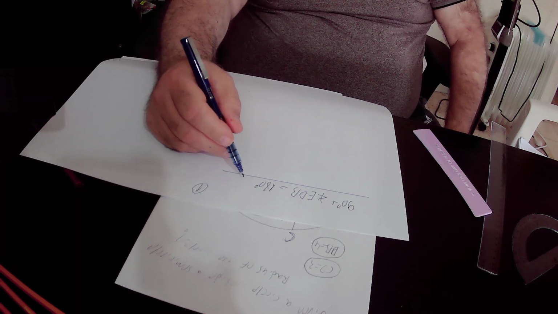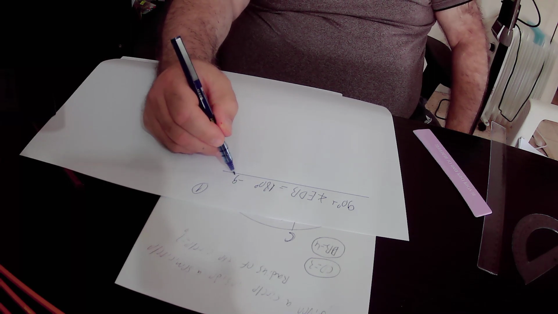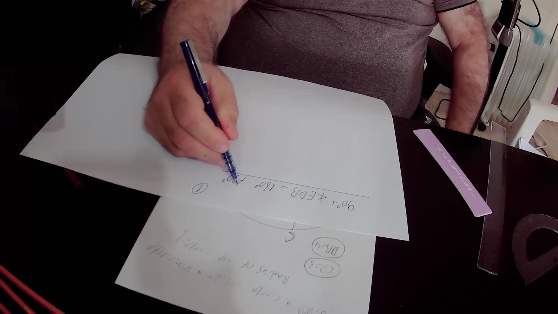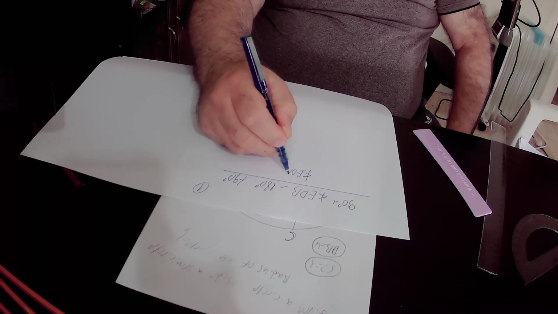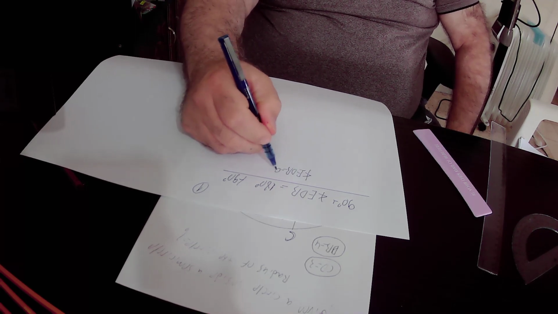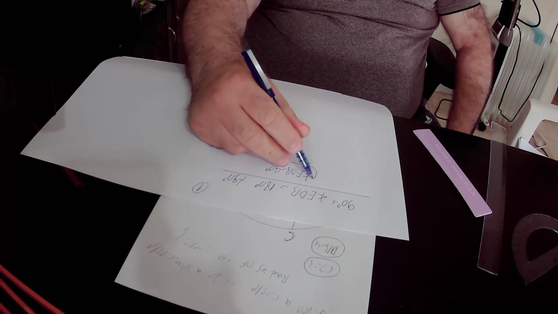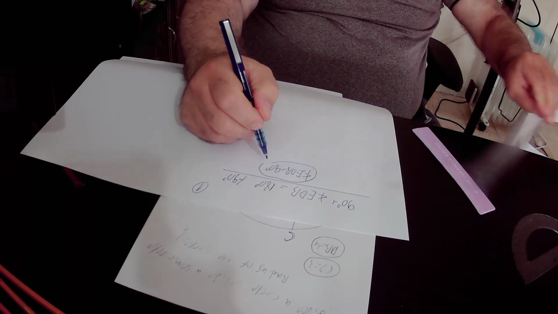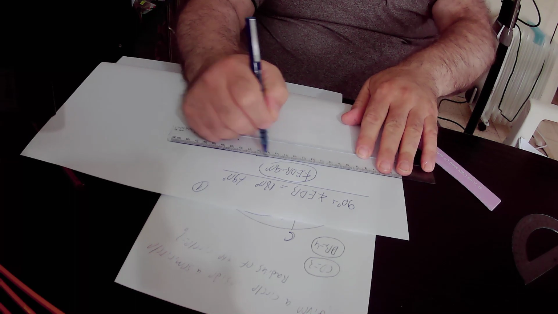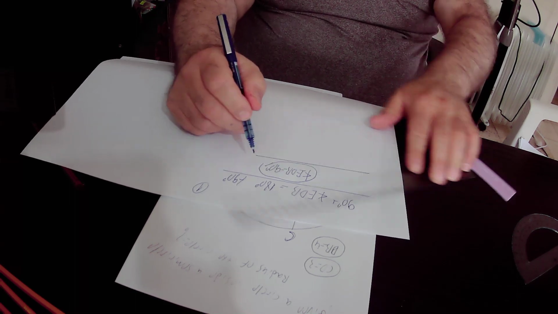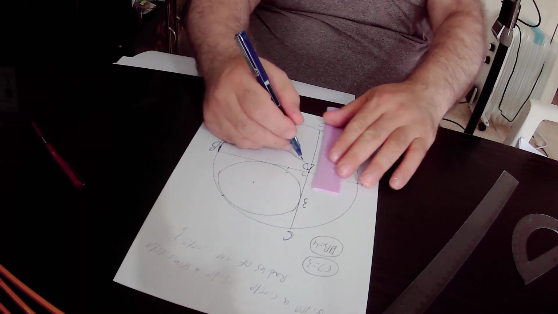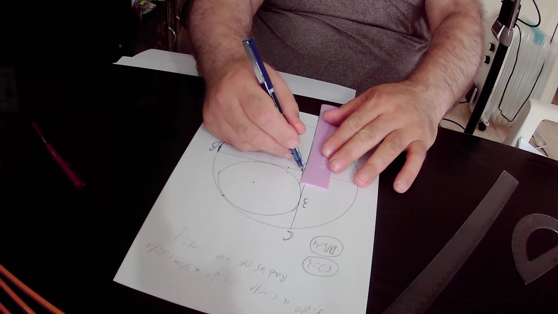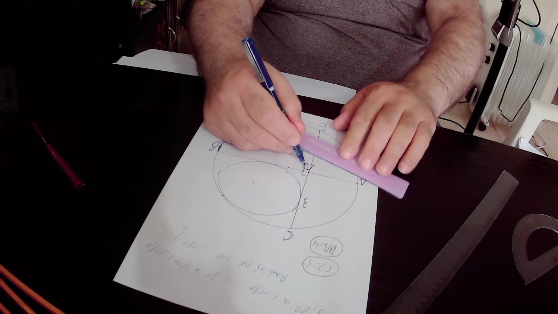We subtract 90 degrees from this equation, and we get that the missing angle EDB equals 90 degrees. So angle EDB is a right angle, equal to 90 degrees.